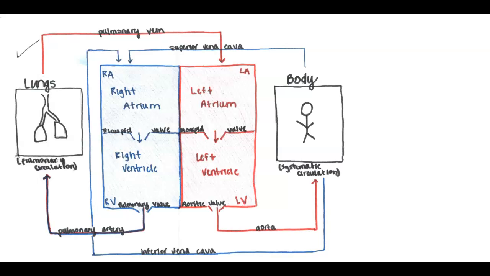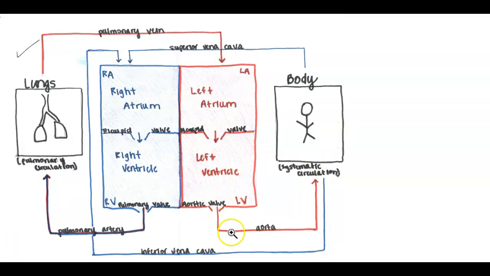I apologize. So the first set of valves snap shut. That's the lub. When they contract, they snap shut. Blood gets pushed through, and when the ventricles contract, these valves snap shut. So we have lub-dub, lub-dub. Again, contraction of the atria happens at the same time as contraction of the ventricles.